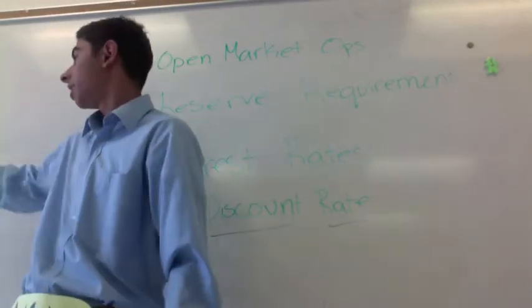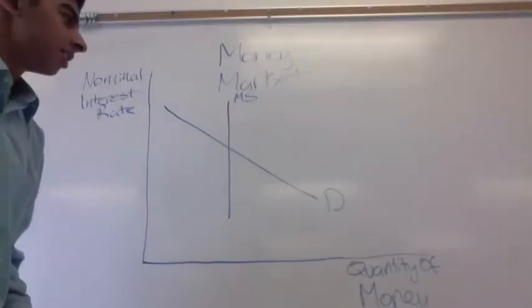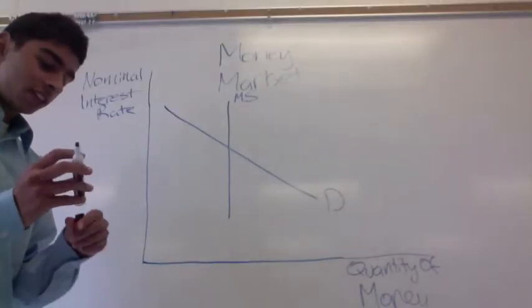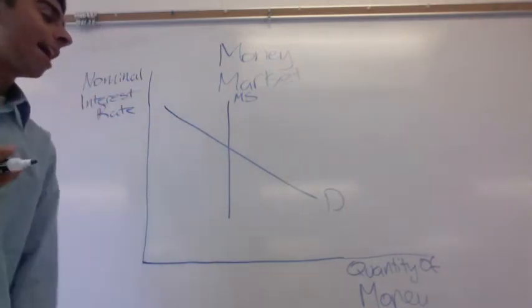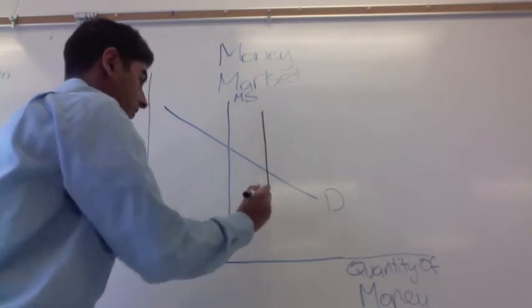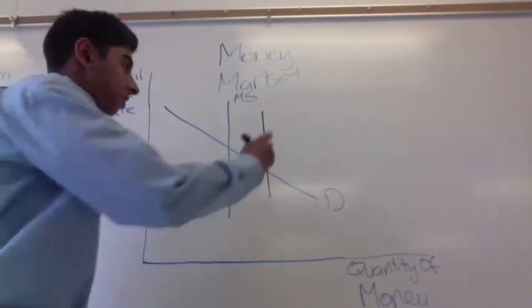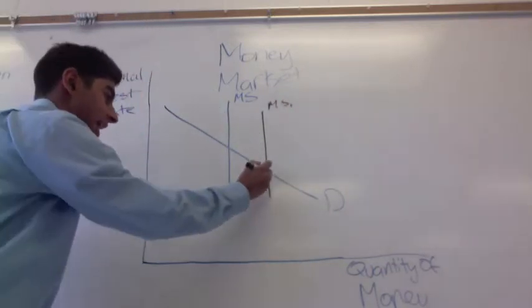And now let's see what shifts in the money supply graph look like. Let's say that the Federal Reserve decides that they are going to buy bonds. This is going to shift the money supply to the right. All right? And we have MS1. Now, what's going to happen?